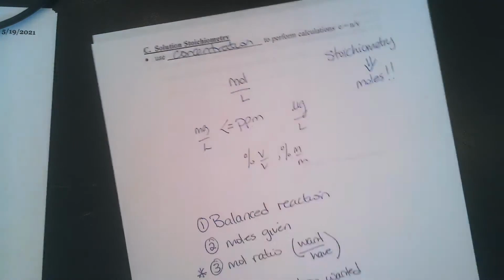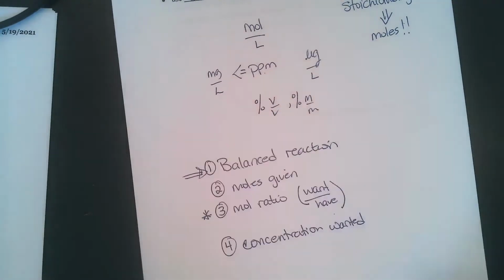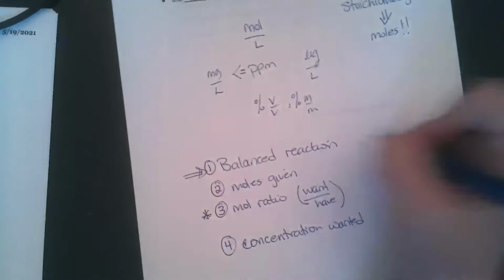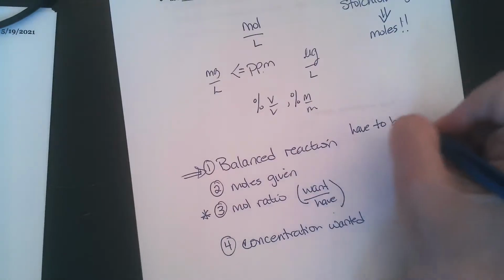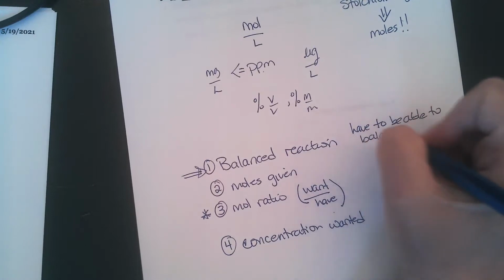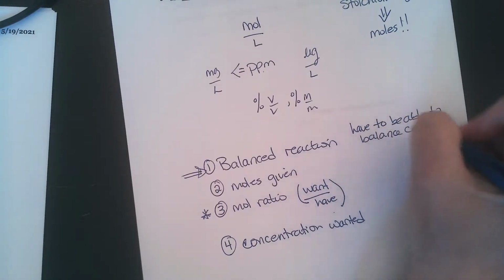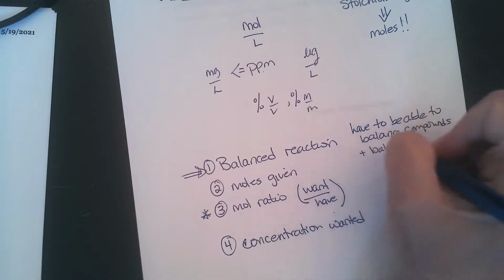So you can see we're always coming back to the mole ratio, but the biggest step is the balanced reaction. You have to be able to balance compounds and then balance your reactions.